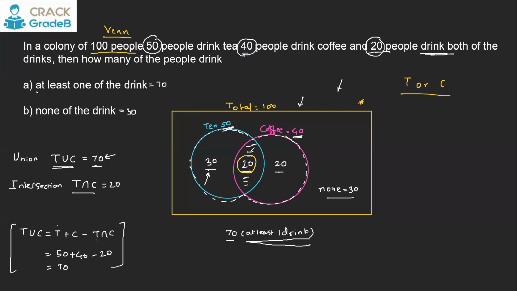In general understanding of ours, we consider the people who drink tea or coffee should have the people who drink either only tea or only coffee. Okay. So generally, we consider these 30 and these 20, 50 should be the answer. So if you are answering 50 to this question, that is a wrong answer.